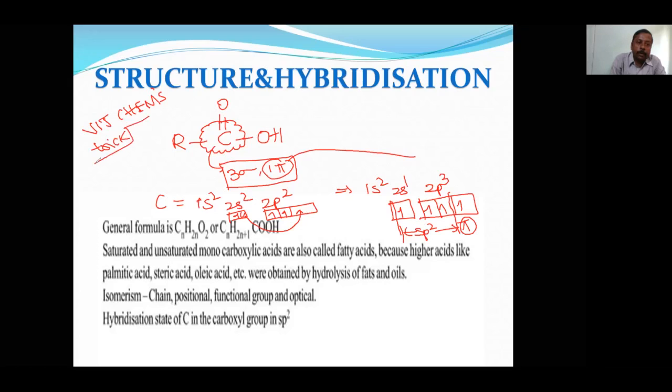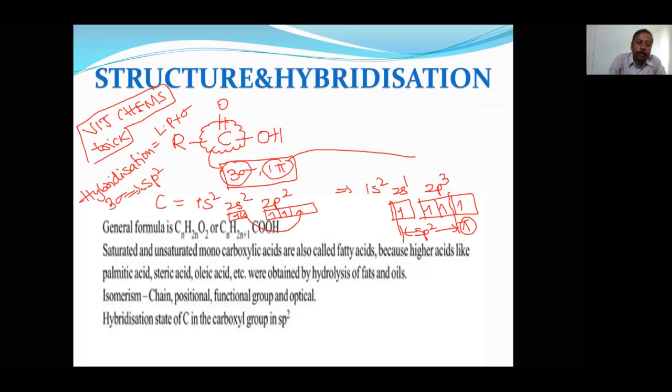What is the trick? Simple: to find hybridization, take lone pairs plus sigma bonds. Here you can find only three sigma bonds and no lone pair, so three hybrid orbitals.